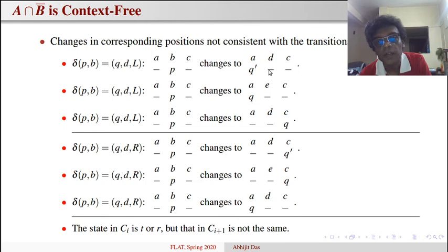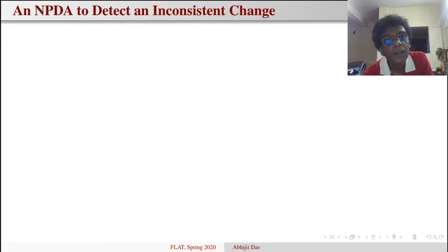Even a finite automaton can accept whether there is a change in consistency. There is an inconsistency, but we will require a PDA, in particular its stack, for a separate purpose. So instead of generating a grammar for this inconsistent change detection, I will generate a non-deterministic push-down automaton.